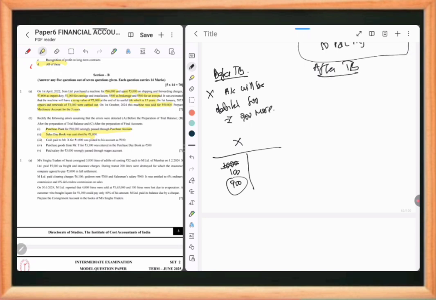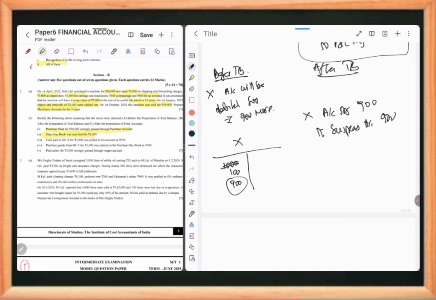After trial balance means we would have prepared suspense account. All the mistakes will be rectified through suspense account. So X account should be debited, the mistake will be adjusted in suspense account. So the answer will be X account debit to suspense account. How much? 900.